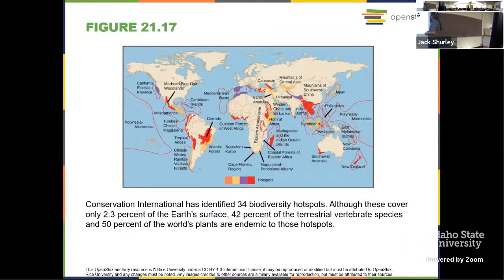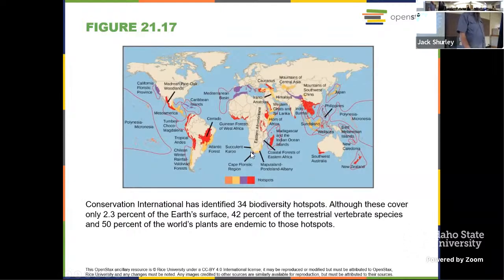So here's the image, the next slide, that talks about some of these diversity hotspots. We talked about Madagascar last time, I think it was, and some of the potentials with habitat destruction changing there. But these red areas are the hotspots.